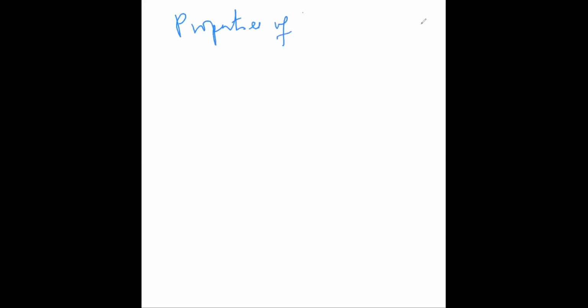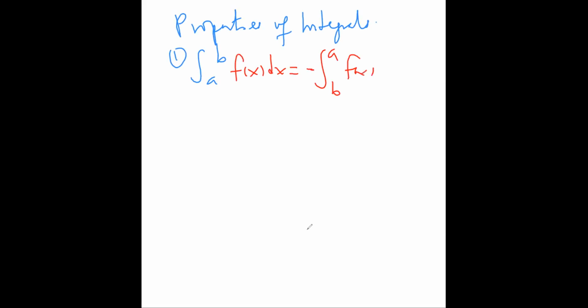Some properties of integrals that you should know. One, the integral of a function from a to b of f of x dx is the same as the negative from b to a of f of x dx. Two, the integral from a to a of f of x dx is 0.